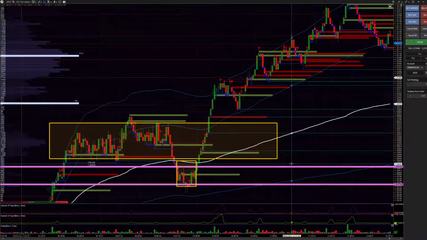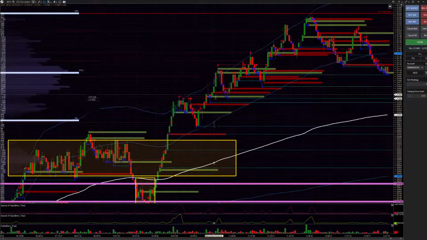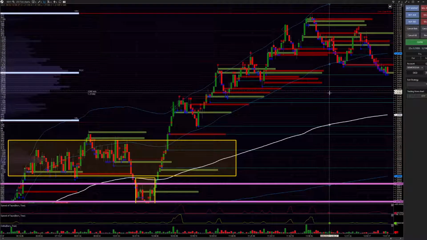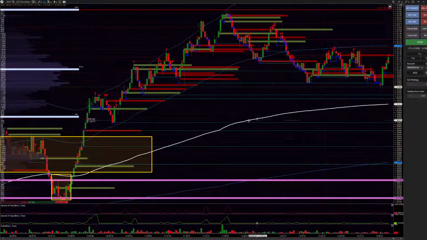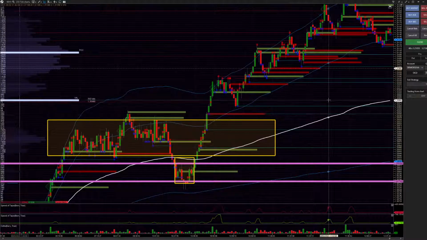But most of them probably had their stop loss hit, and that's what's been fueling this movement. This upside movement might be fueled by the blood of these losers right here.